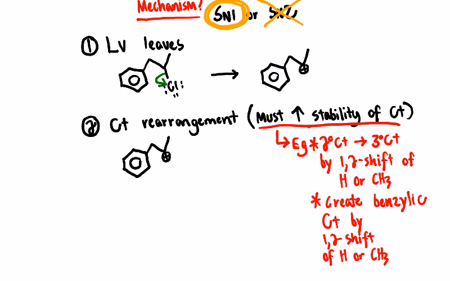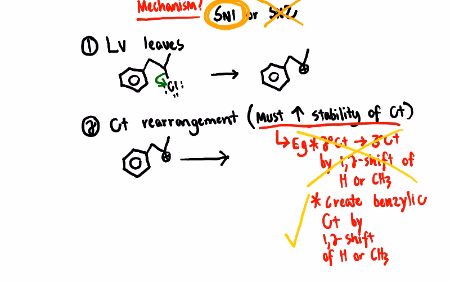I think that's the route we have to go because looking at option number 1 here, there's no opportunity for us to create a tertiary carbocation out of a secondary carbocation here. So instead, we're going to create a benzylic carbocation by a 1-2 shift, and this is an excellent option because definitely we've seen that benzylic position is a very highly stabilized position.